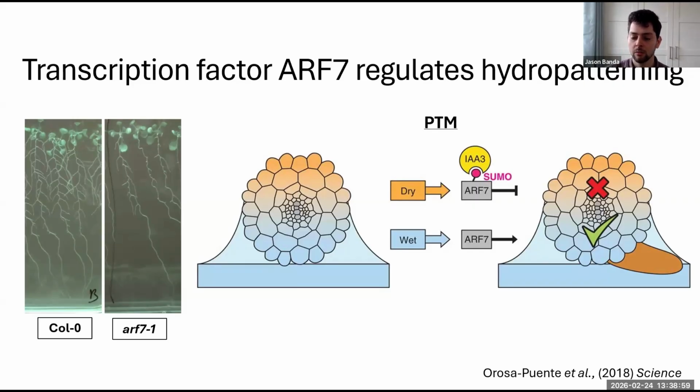In this case, ARF7 was bound by SUMO, and this allowed the repressor protein IAA3 to come together with ARF7 and block its functioning. So we basically have an on-off switch based only on the attachment or detachment of SUMO. It's a very nice engineering approach for engineering protein activity.